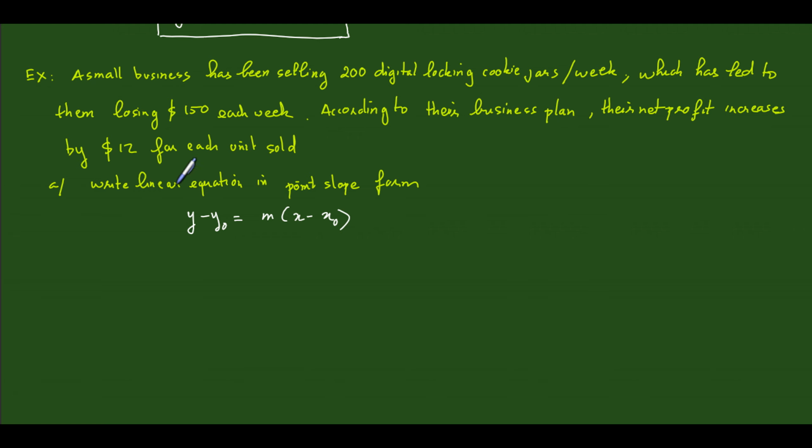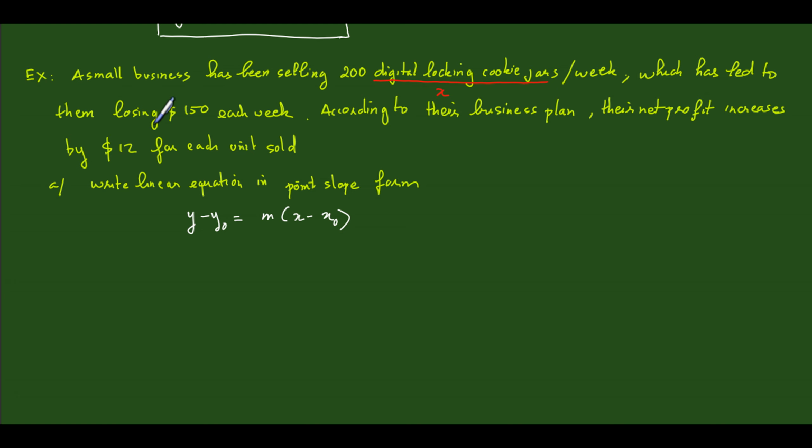Then net profit increased by $12. And over here, every 200 digital cookies selling per week, then they lost 150. So I can say that the digital locking cookie jar right here is nothing but the x variable.